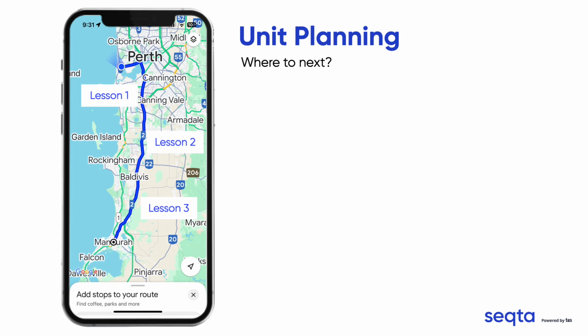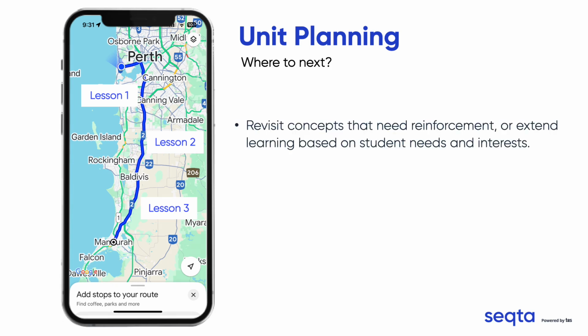And then finally, where to next. So in this process, they're going to each lesson look at what needs further reinforcement. So from lesson 1 to lesson 2, I've realised I need to reinforce some key concepts. Or I've got all these students that I really need to extend their learning.